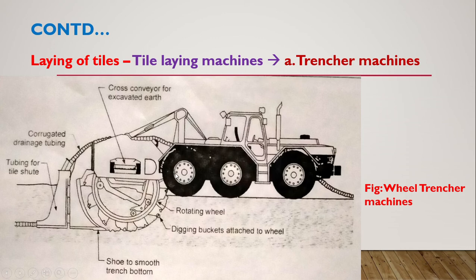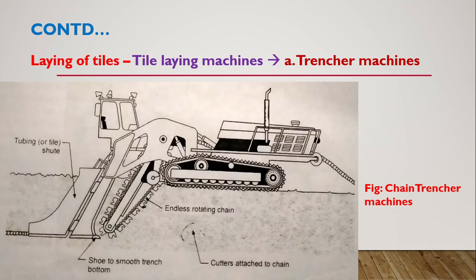After that there are provisions for laying the tiles here, and again we will refill the soil. So here a trench is made. It is not just lifting the soil, it is making a trench here, and after that the tiles are laid.